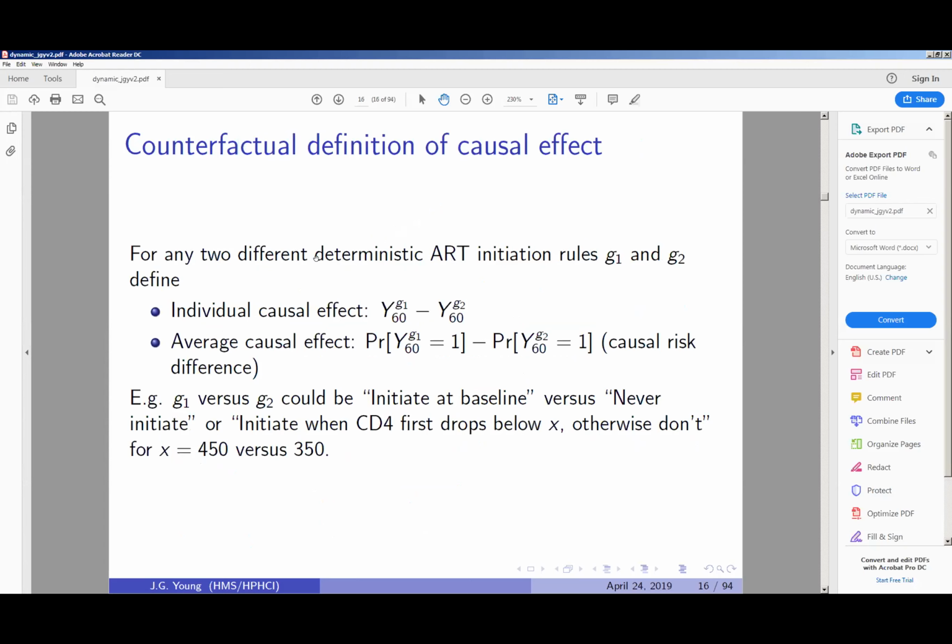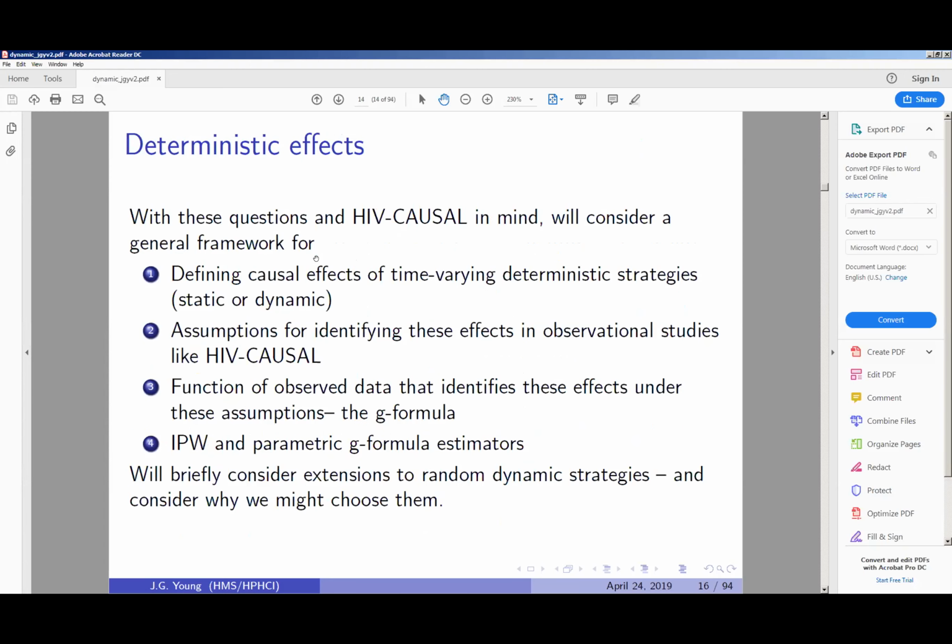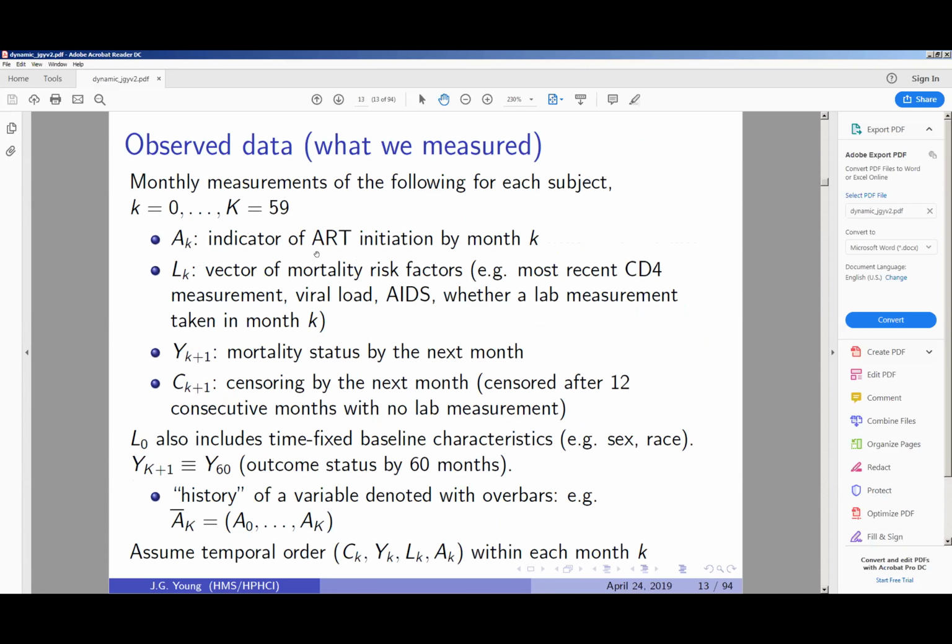So the way we handle that is, first of all, the L's are going to include a visit indicator. So when I said a lab measurement here, you can also think of that as a visit indicator, right? In our case, it was a little bit mixed, because if you think of Y as mortality status, you could get that from death records, so that's not tied to when a subject comes in.